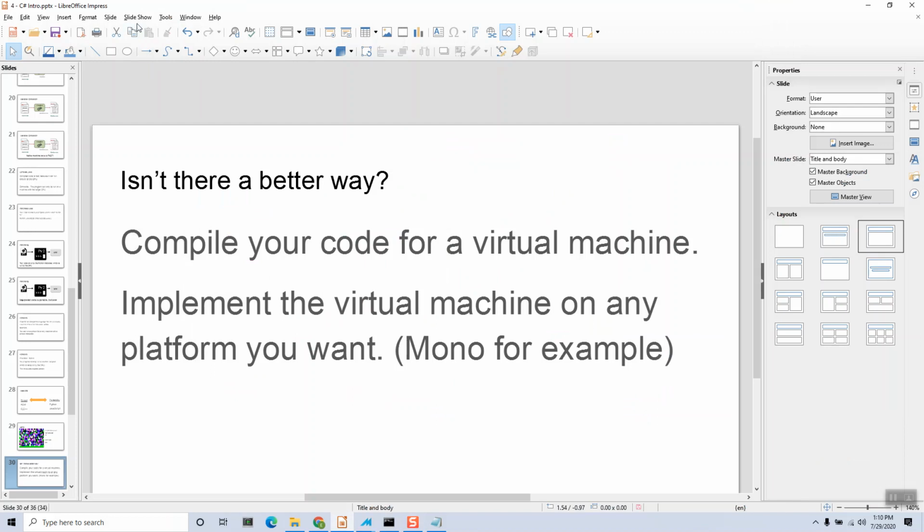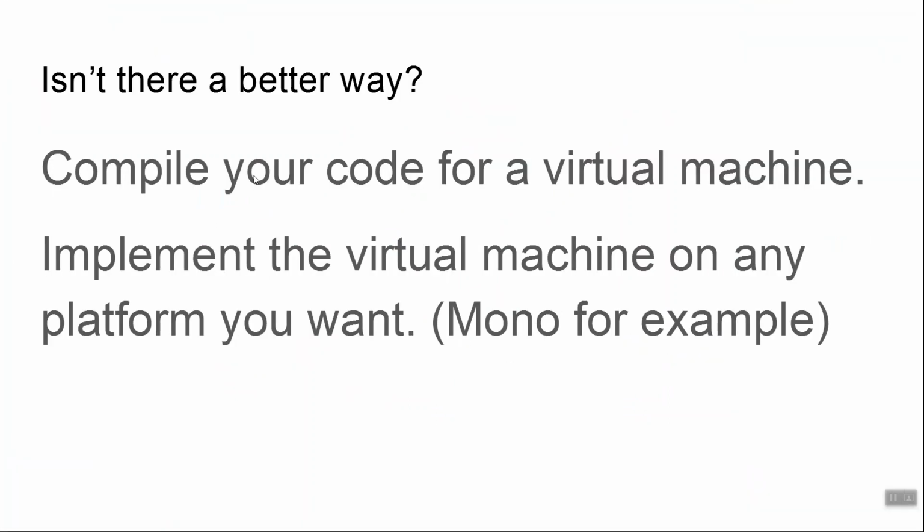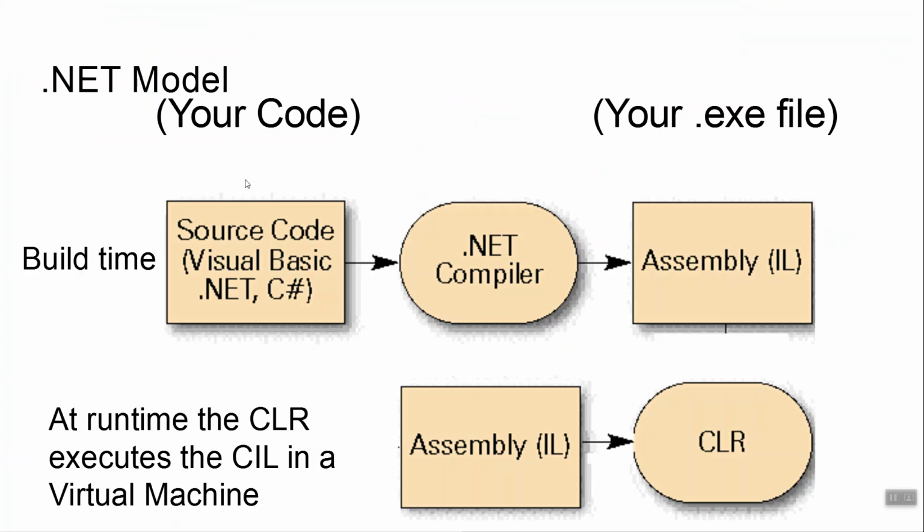Now let's go back to finding how do we make a compromise? How do we make a compromise? And that's what this .NET framework gives us, right? What we do is we compile our code down to an intermediate format, and then when we run it, we have a virtual machine that executes our portable binary code, right? So what this framework does for us is we target really a virtual machine, a kind of a theoretical machine.